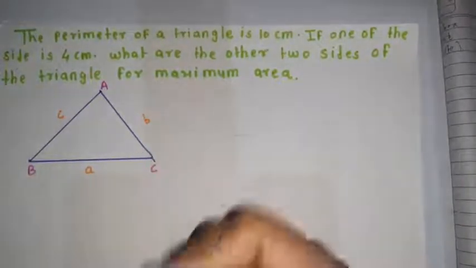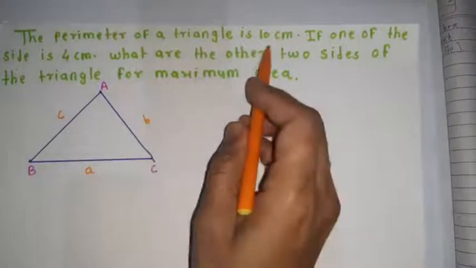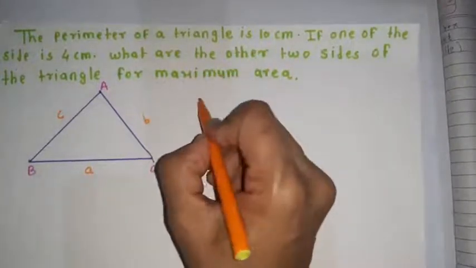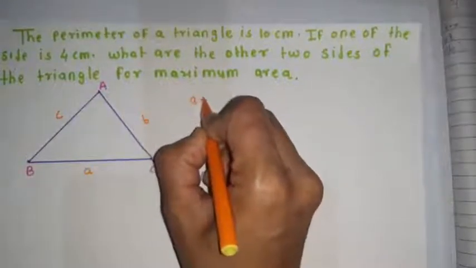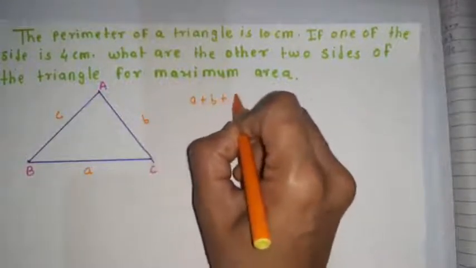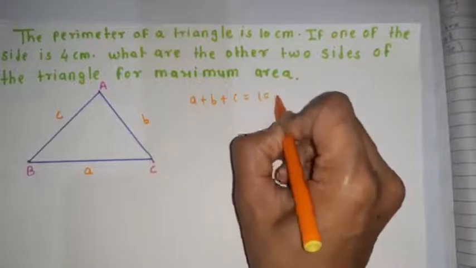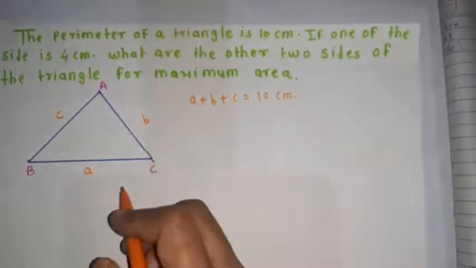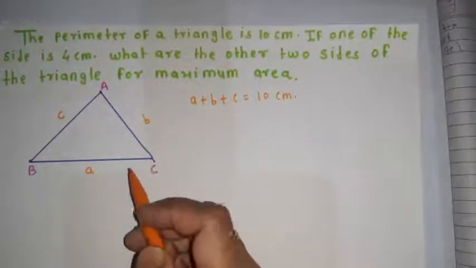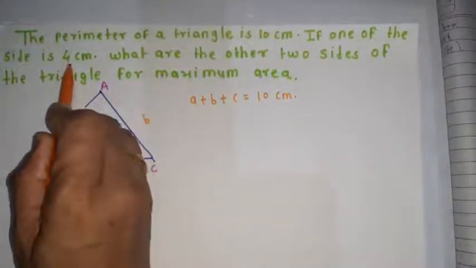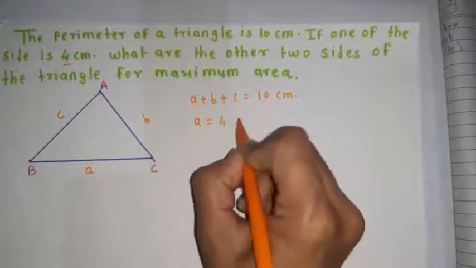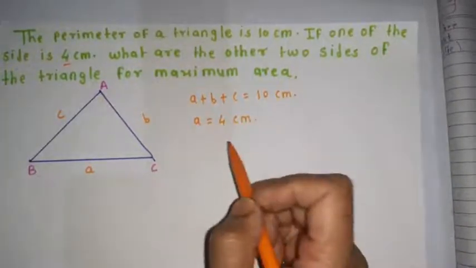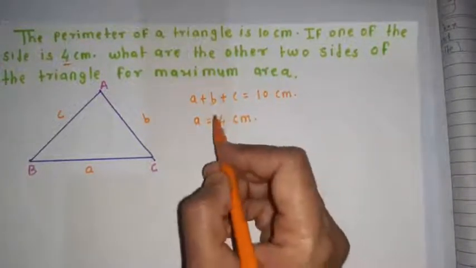Here the perimeter of the triangle is 10, that means the addition of all sides, a plus b plus c equal to 10 centimeter. That is given. Also one side is 4 centimeter. Suppose a equal to 4 centimeter.